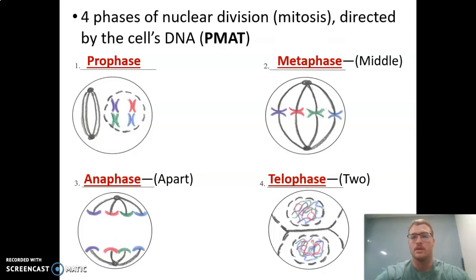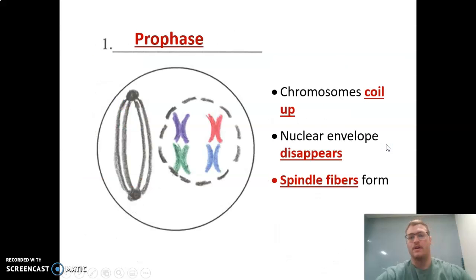All the chromatids and chromosomes line up in the middle of the cell, and this is when they're getting ready and about to start to split and separate. During anaphase, that's when the chromosomes are pulled apart into individual chromatids. And then telophase is when two separate cells establish. They are not separate yet, but there has been a new cell wall, and they are two distinct daughter cells at this stage.